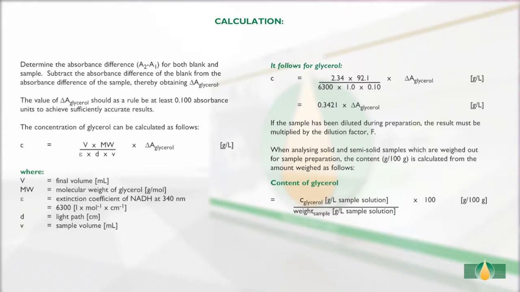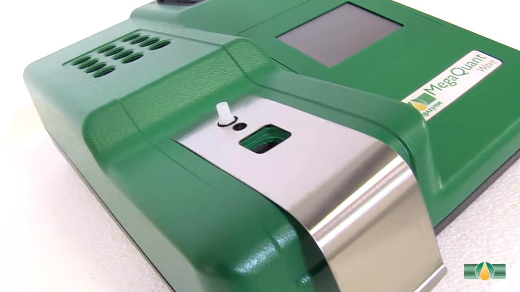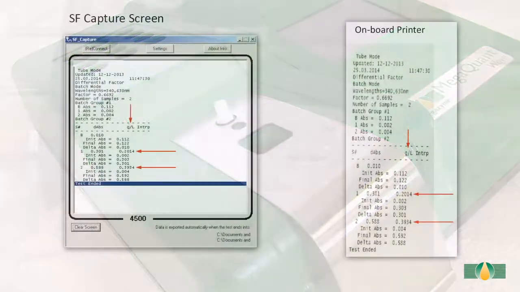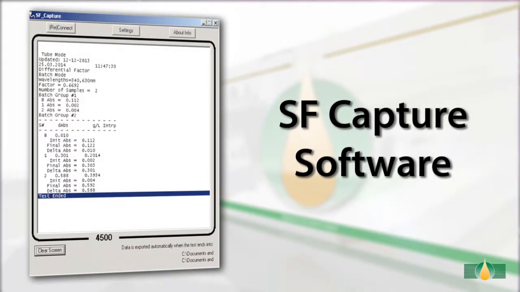The absorbance readings A1 and A2 of the sample and the blank reactions are used to calculate the glycerol concentrations in the original samples. When performing this test using the pre-installed protocol on the Megaquant Wave spectrophotometer, the results will be automatically calculated and printed via the onboard printer, or the data can be exported to a computer using the SF Capture software.